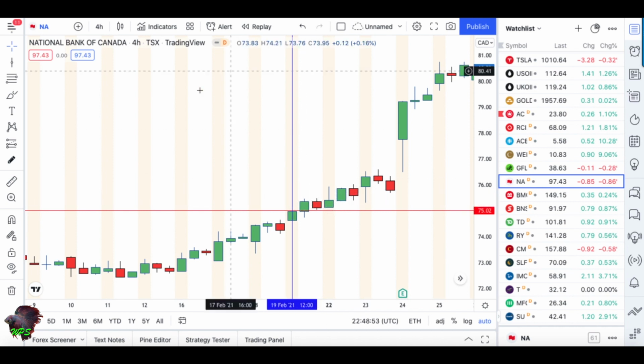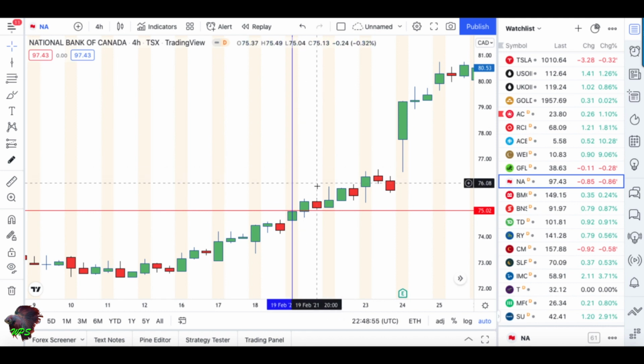The high of this housing candle was 75.94. The next candle that finished creating was 75.89, so the high of this candle is lower than this one here. So now we do have an inside bar.